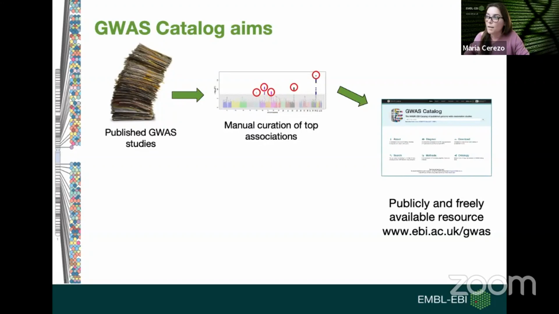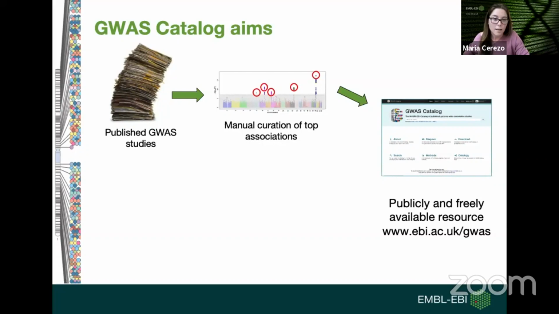Sometimes the GWAS data is not clear, is in supplementary data. Sometimes how the data is presented is not straightforward. So what we do in the GWAS catalog is make the life of the users, researchers, easier, showing everything in a standard way.